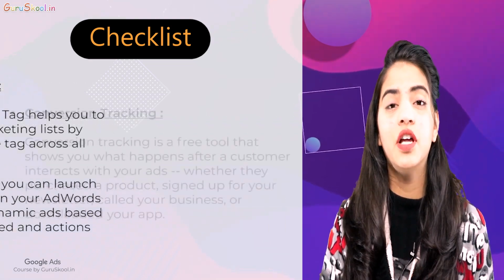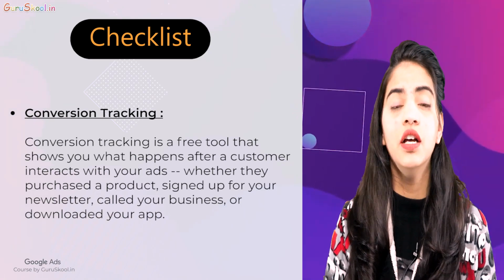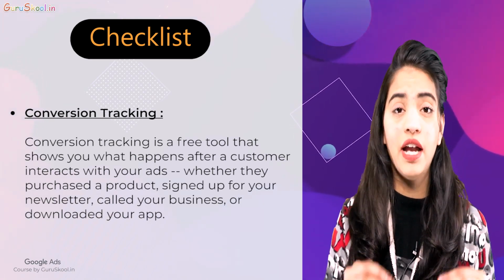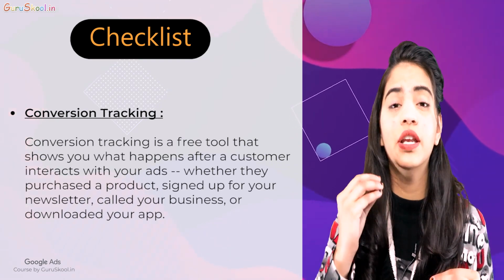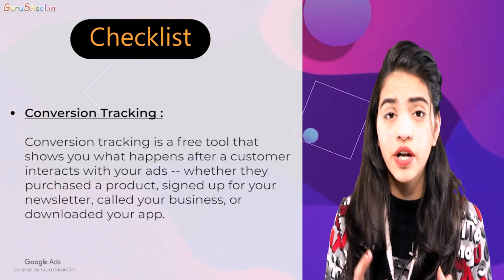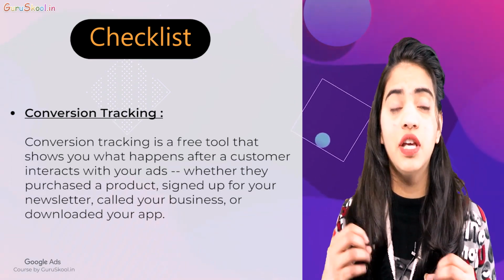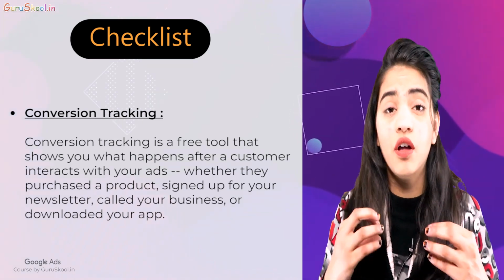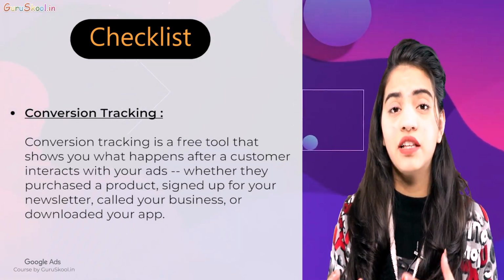Then the fifth step is conversion tracking. Set up the conversion tracking so that you can get the report on how your customers are coming, on which page they are landing, which thing they are liking the most, on which thing they are spending most of their time.